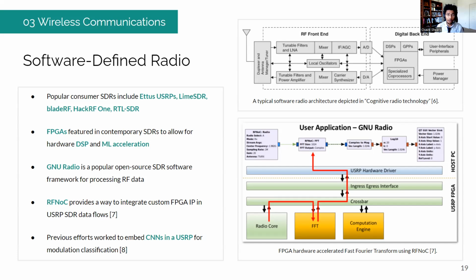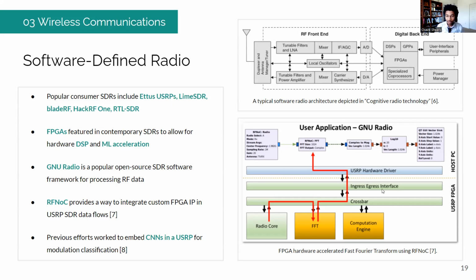And there's actually a really cool framework called RFNoC, which allows us to integrate our custom FPGA, VHDL, or Verilog code and implement that on the different software radios, specifically Ettus Research's USRP software radios, so that hardware accelerators can be used to test different accelerator applications.